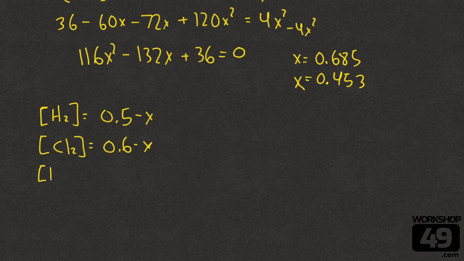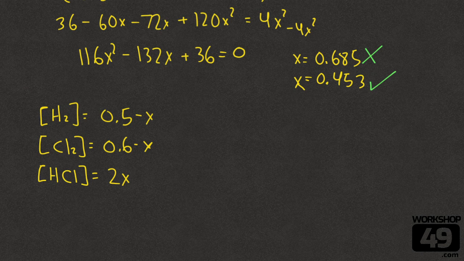And our HCl was equal to 2x. And I just know my clever little cupcakes are looking at this right now and realizing, if I have 0.5 moles per liter hydrogen, I can't subtract 0.685. I will run out. We cannot make negative hydrogen, which means the 0.453 must be correct. The 0.685 is not the correct answer.